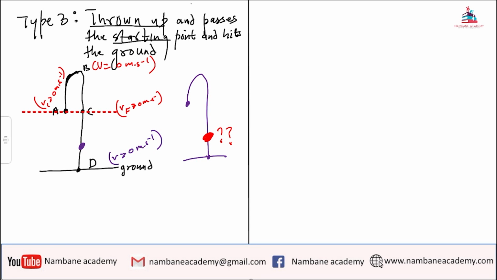Hence, ladies and gentlemen, science, like I always said for those who have been here for years now, is a dynamic subject. There's nothing wrong with breaking it down into sections. And when you break it down into sections, it becomes easy for us to know where we are in the motion of the projectile.